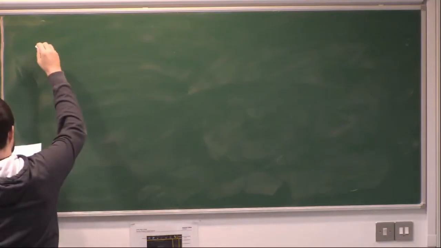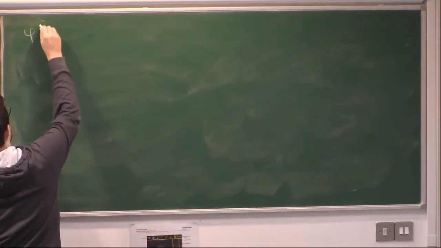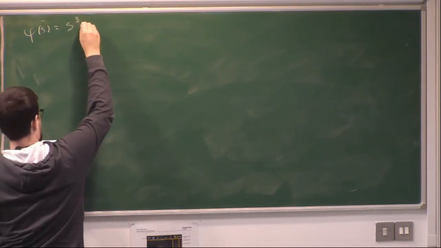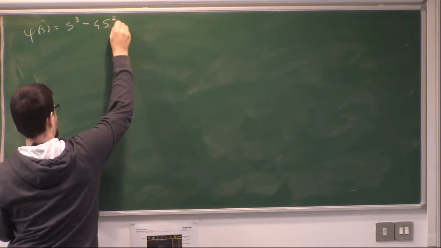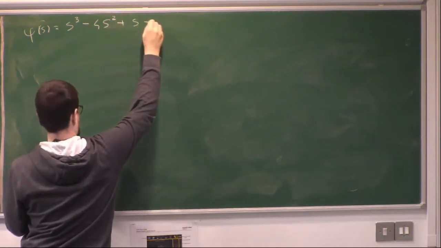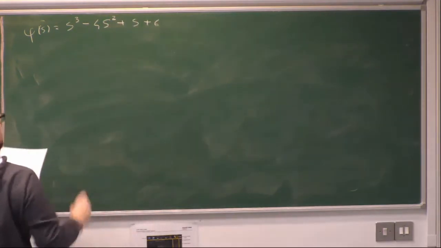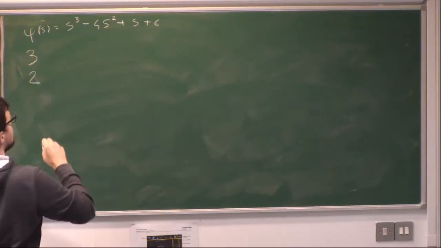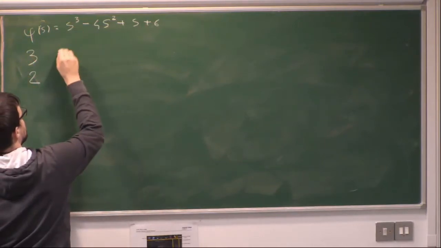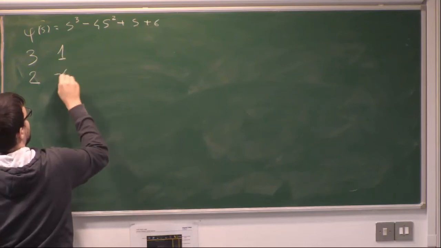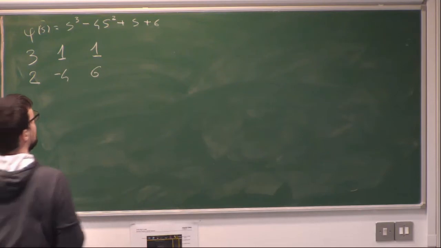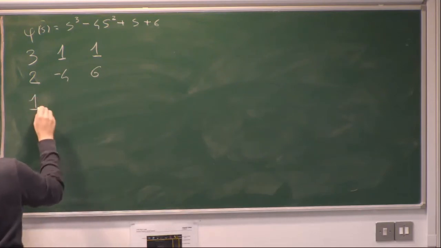So let's consider the polynomial phi of s equal to s to the power 3 minus 4s squared plus s plus 6. So we write the Routh table, the first 2 lines. In the first line we put the coefficient 1, then here we put 4, then here we put 1, and then here we put 6. Then we want to compute the element over here.